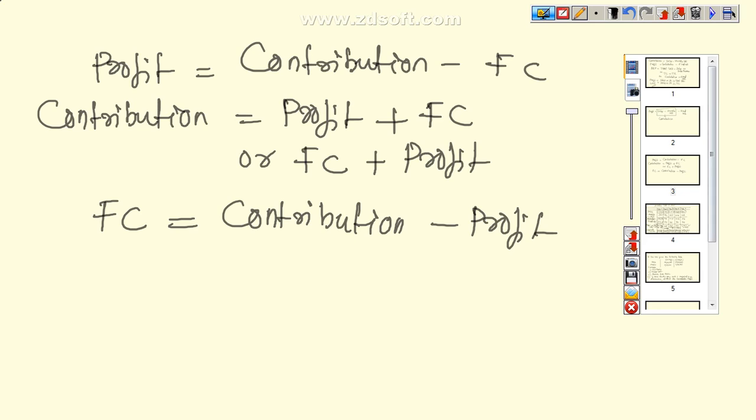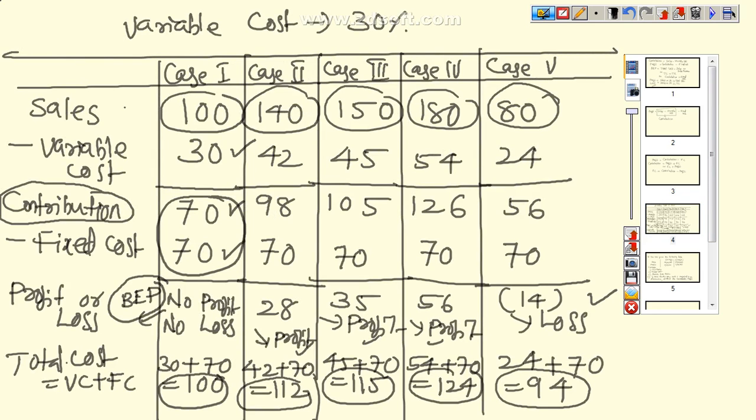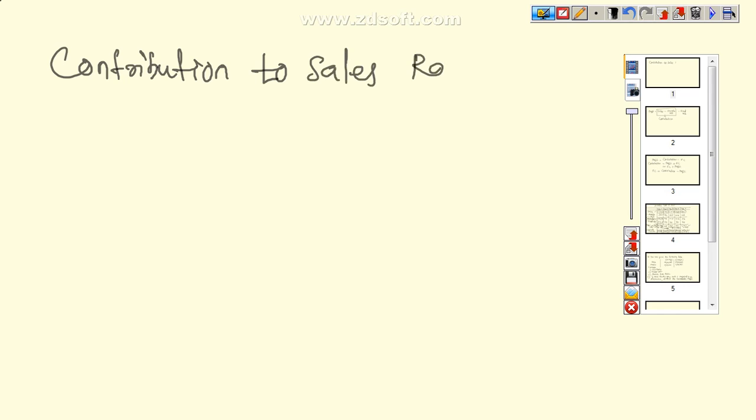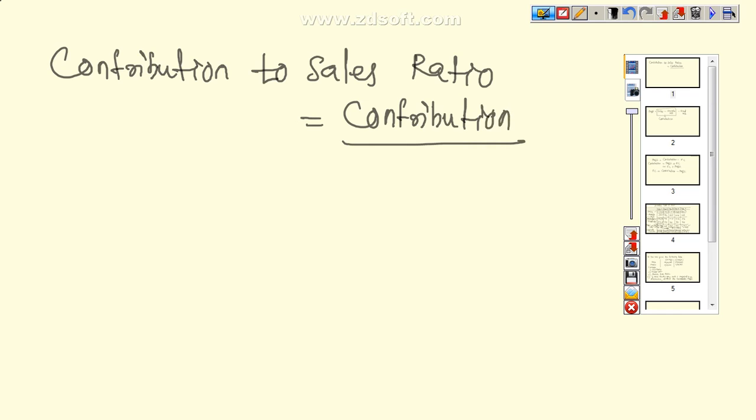Now there is a relation between sales and contribution. Here we can calculate the contribution to sales ratio. Contribution to sales ratio is equal to contribution upon sales into 100.